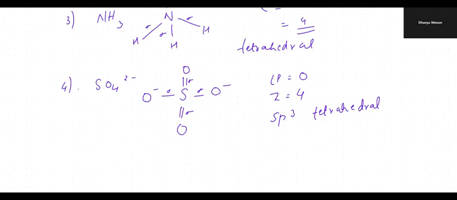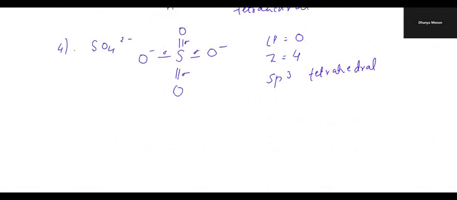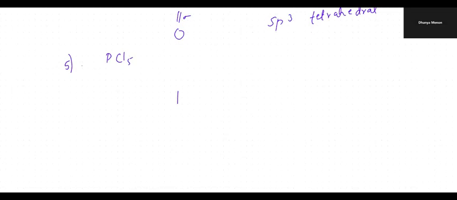Coming to the fifth one, PCl5. Suppose they give you the structure for it, with chlorine coming here.